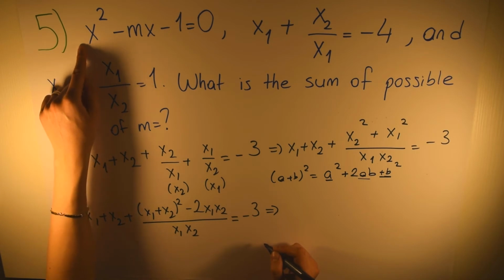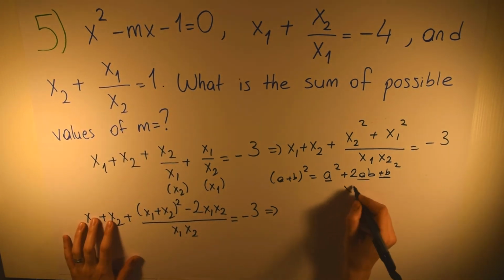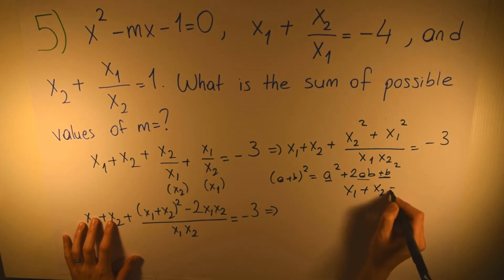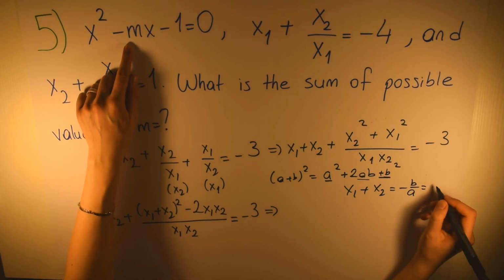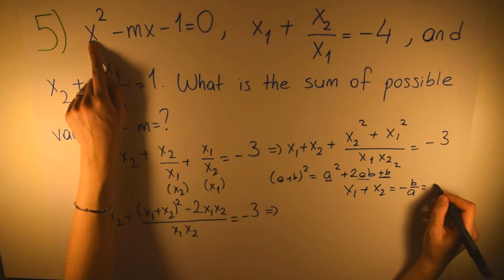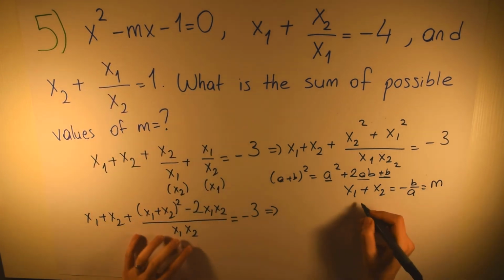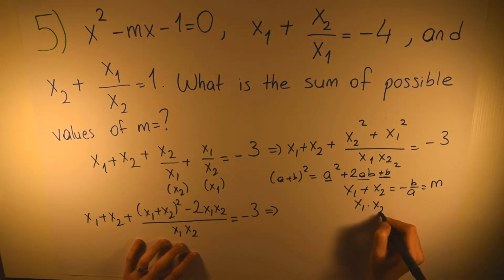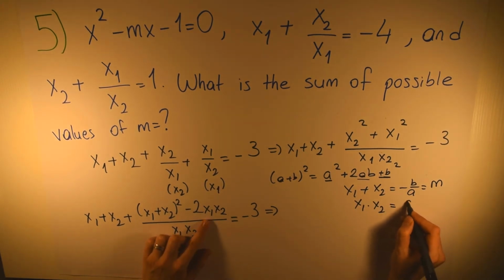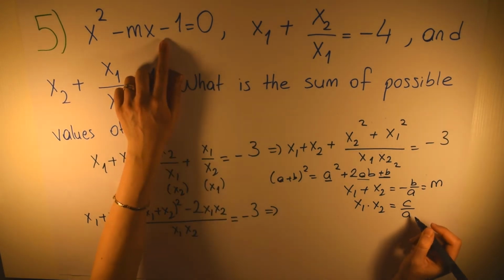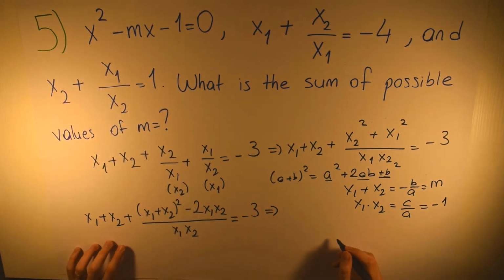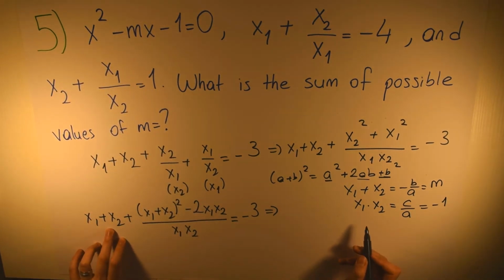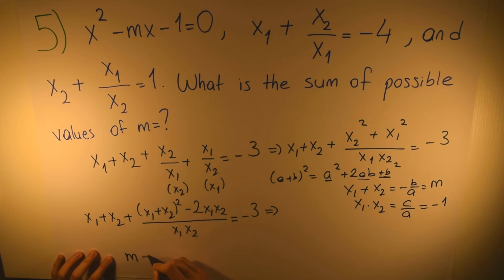It's minus m, and also let me write it here. x1 plus x2 is equal to minus b over a, which is minus m times minus, so it's m, and a is 1, so it's equal to m. x1 times x2 is equal to c over a, so c is minus 1, a is 1, which is equal to minus 1.